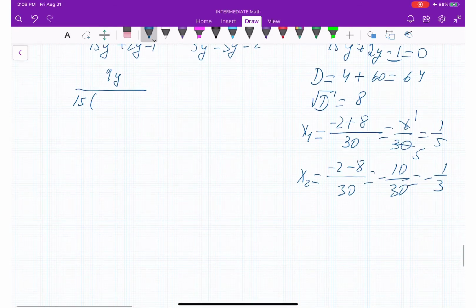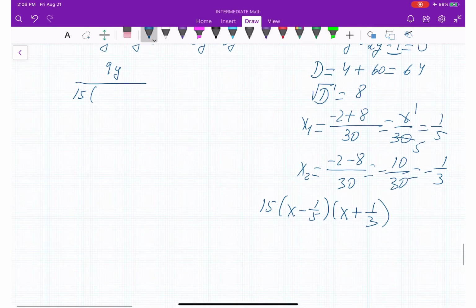Okay, both of them are fractions, so it's going to be 15 times (x minus 1/5) and (x plus 1/3), right? Because negative with this negative. Now, again, what I'm going to do, 15 break down into 5 and 3. Because 5 I will need for this one, and 3 I will need for this one.